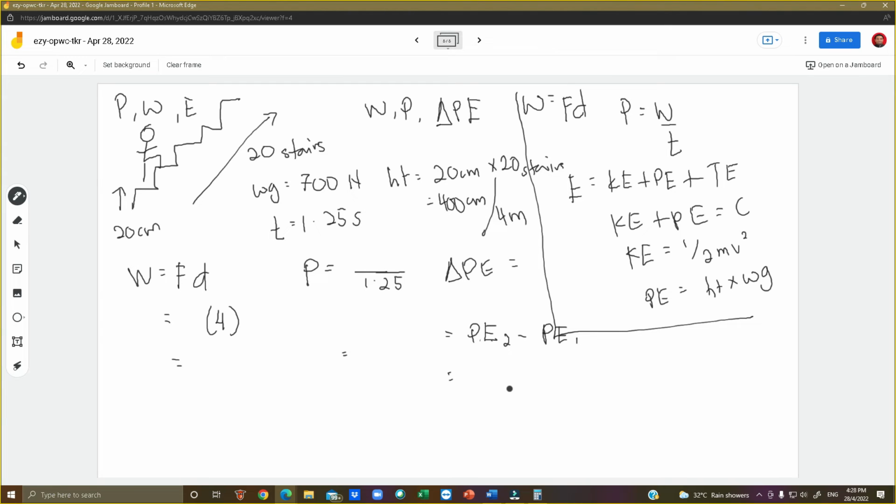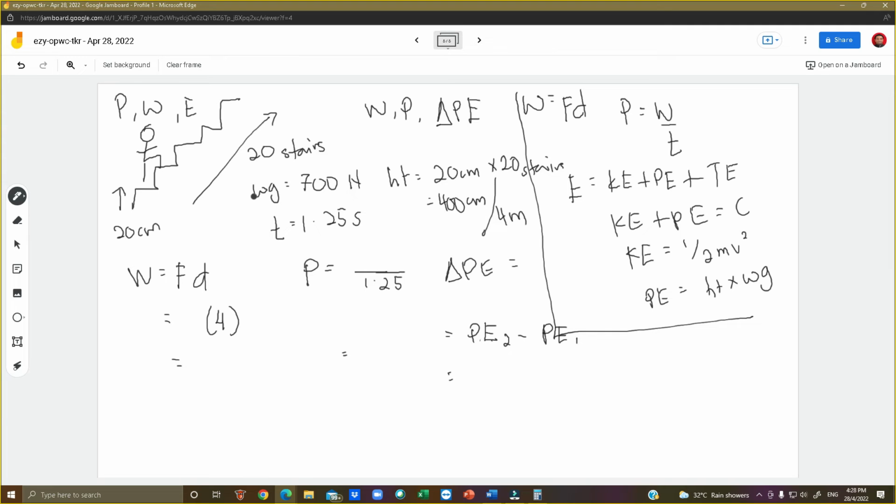Okay, berapa work dia? Berapa force dia first? What is the amount of force we have here? Remember this, weight is a force.